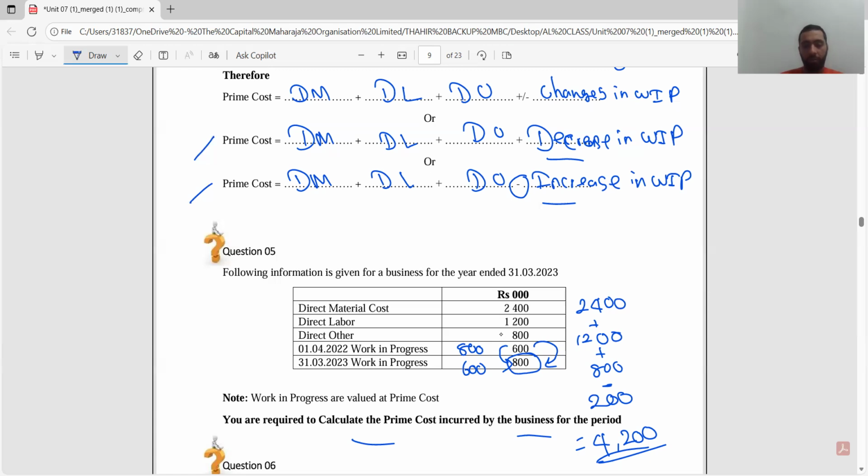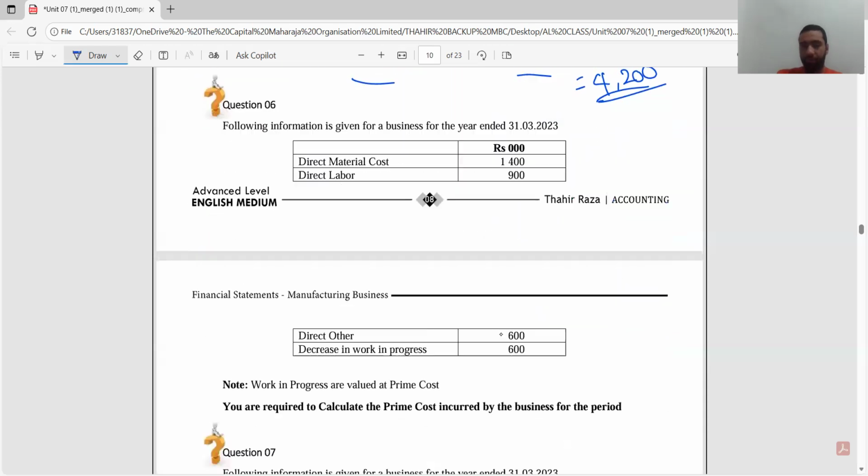Yes, very good. Ziana, very good. Yes, you will add the WIP. Why? Because WIP has reduced, which means it has gone where? From WIP to finished goods. That is why we are going to add this, right? So make sure you are understanding the logic.